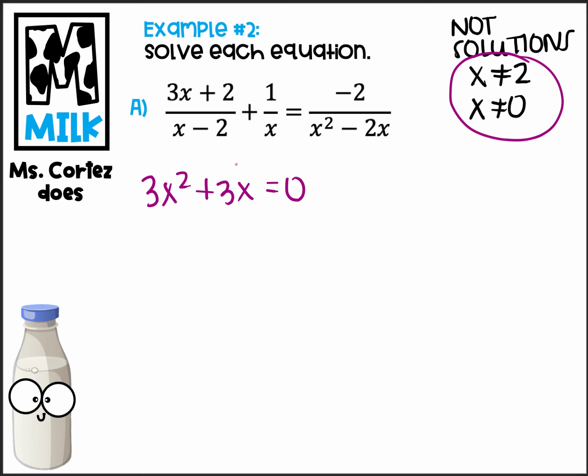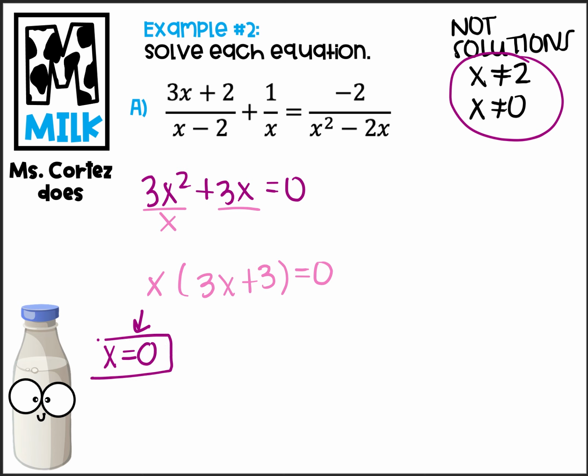I want to solve this equation. Now that I don't have any denominators, it's easy for me to solve it. I'm going to use the zero factor property, where I factor my polynomial and set the factors equal to 0. I can factor out an x from both: x times (3x + 3) equals 0. Then I set each of my factors equal to 0. This is x = 0, remember, possible solution.